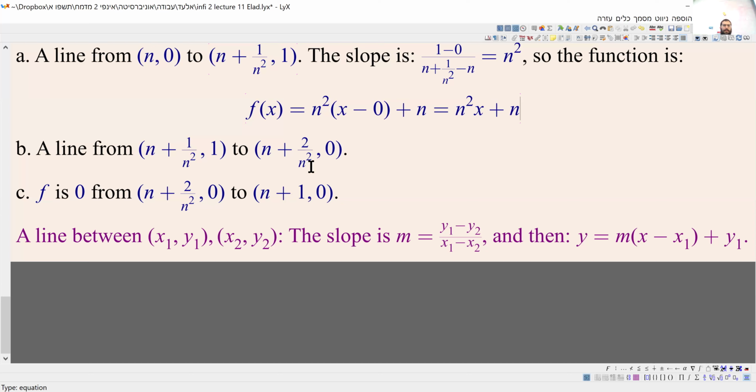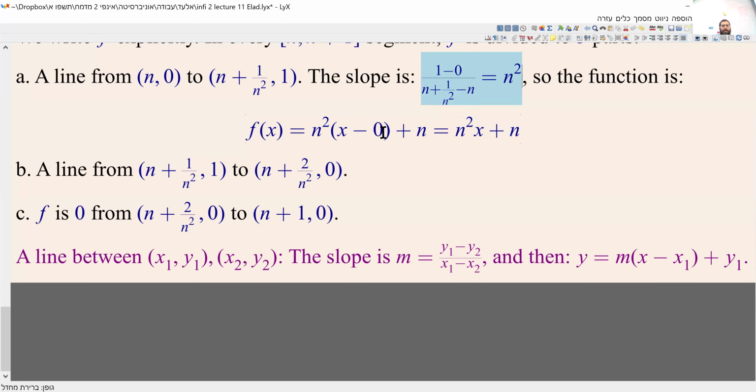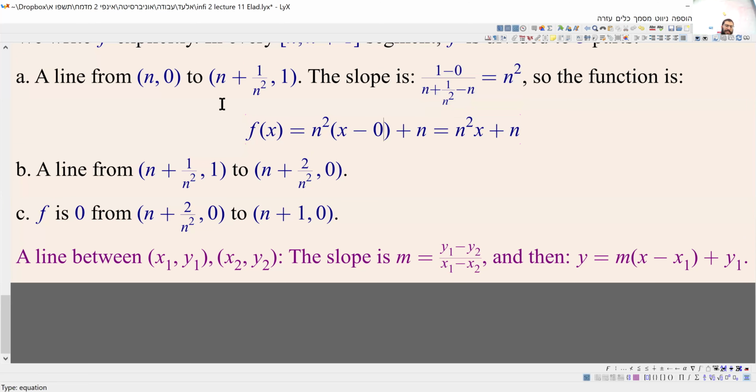One can check if I put n here, do I get 0? The answer is no. So somewhere here I am wrong. Where did I go wrong? It's n squared. I switched the x and the y. Y is the 0.